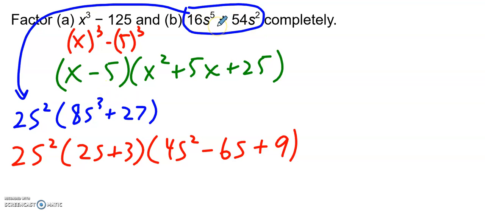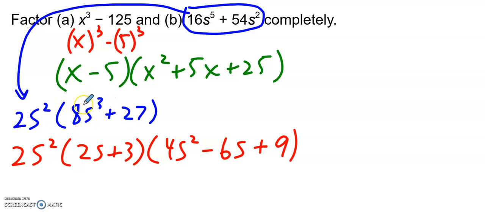For this one here, again, I had to follow my hint that I gave you, which was take out the greatest common factor, which was 2s squared. I do apologize, my s's look a little bit like my 5s. Sorry about that. So I took out a 2s squared, and then I was left with 8s to the 3rd plus 27.